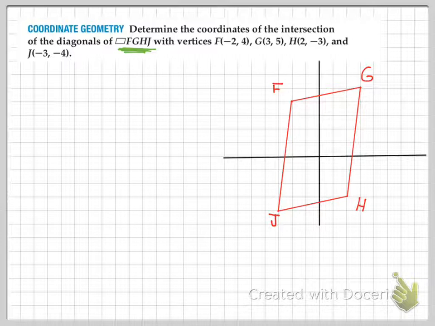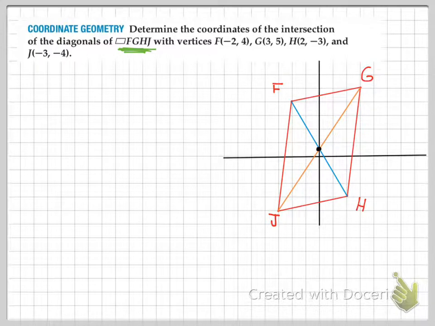So if I want to find the intersection of the two diagonals, my diagonals here are FH, and then my other diagonal is GJ. Those are my two diagonals there. If I want to find the intersection, I want to find where they meet each other.